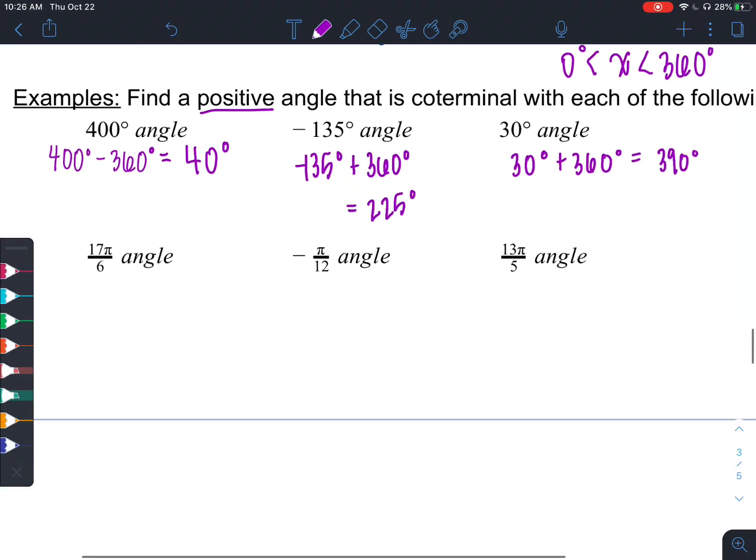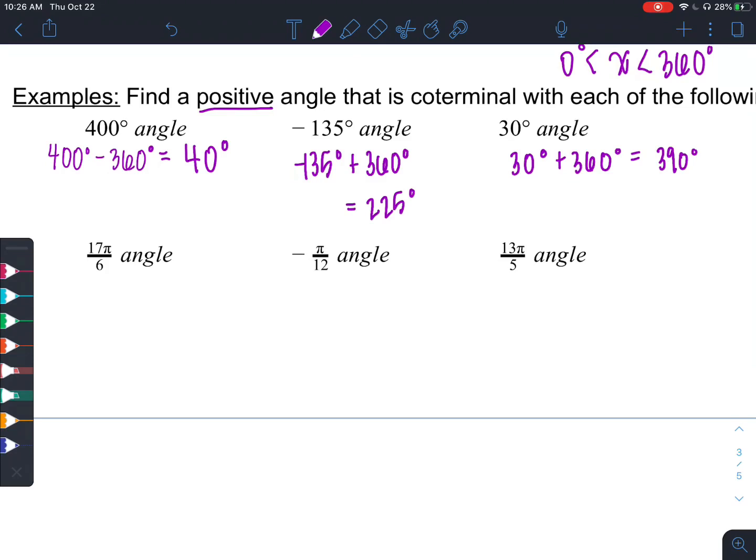All right, so this next one down here, we've got 17 pi over 6. So we want to subtract 2 pi. Now one way of doing this is typing 17 over 6 minus 2 in your calculator and getting a fraction and then just sticking pi on it.